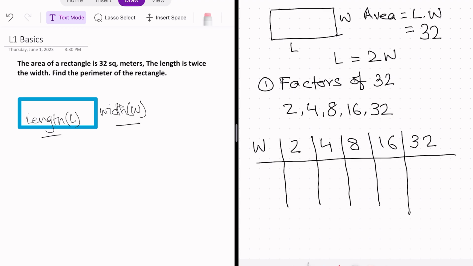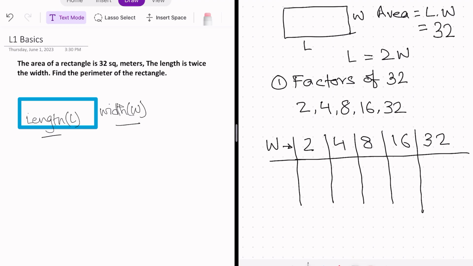So let us assume that any of these are the widths. If width is 2, then from the condition we have been given, the length will be twice the width, so 2 times 2, 4. For width equal to 4, the length will be twice 4, which is 8. If the width is 8, the length will be twice 8, which is 16.